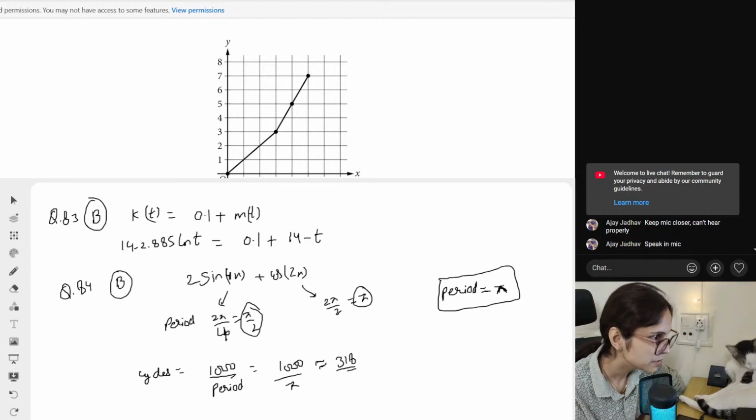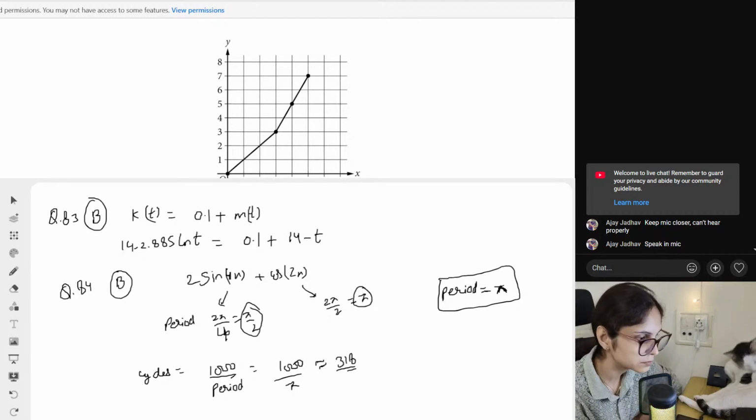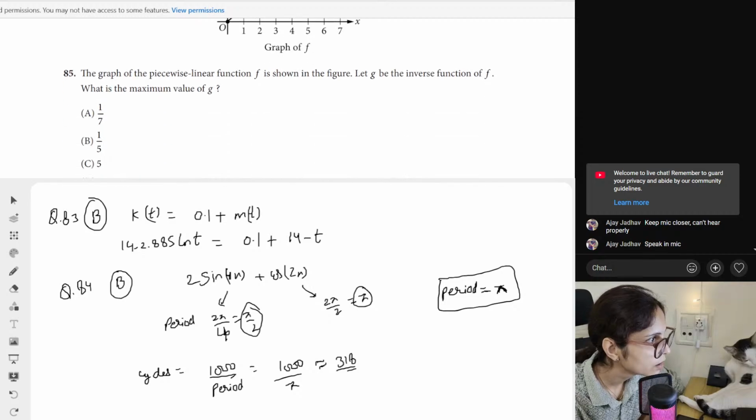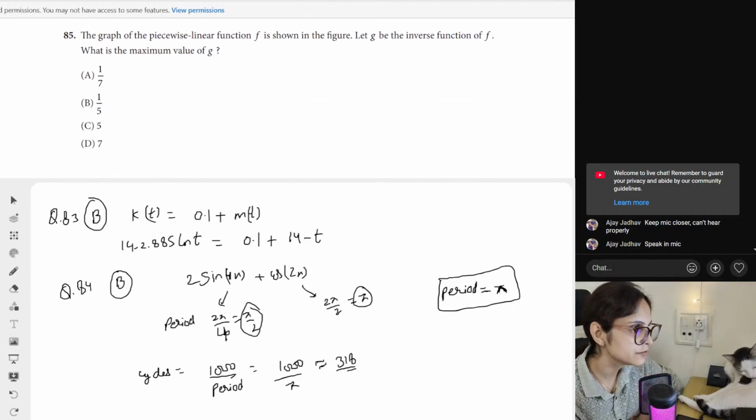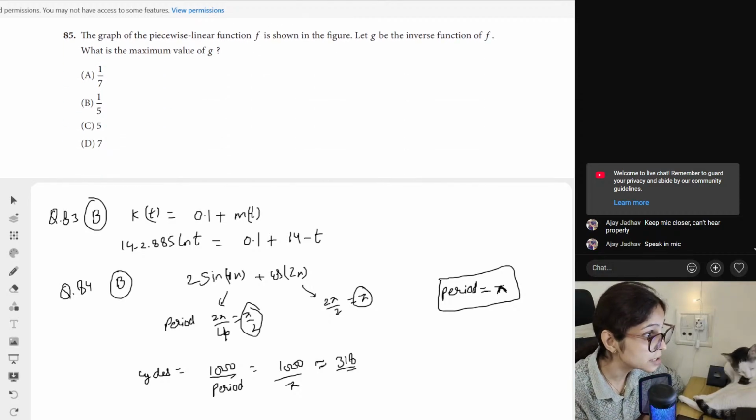Now question number 85. So this is the graph, and this is a graph of the piecewise linear function. G is the inverse function of f.